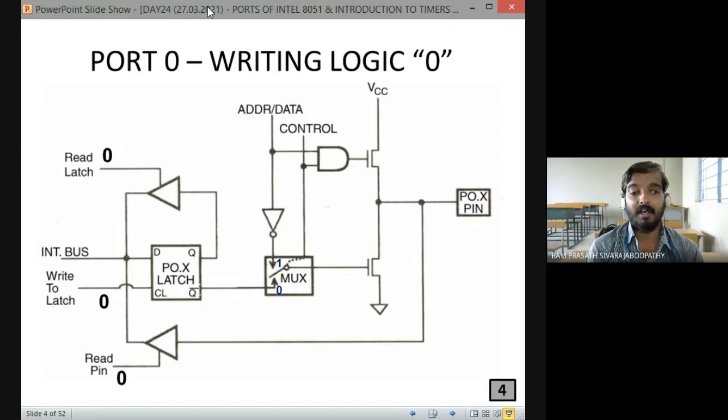I'm again asking you some questions, especially in classroom 2, there is no response. So the questions are only for classroom 2 now. Can you say which instruction we have to use to write logic 0 to a port pin? Kindly type it in the chat.